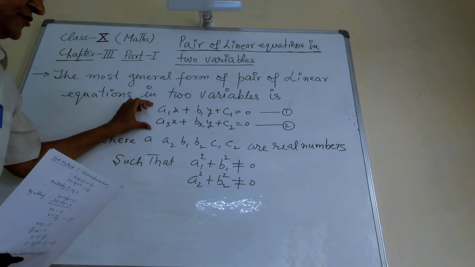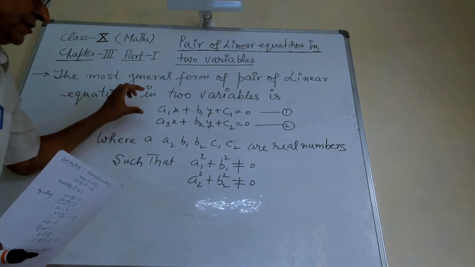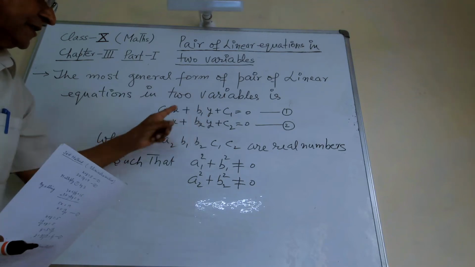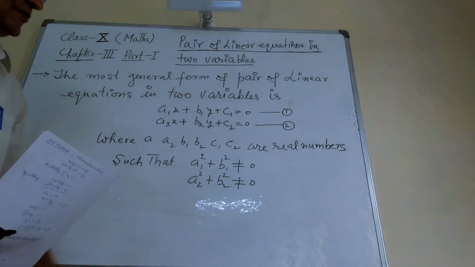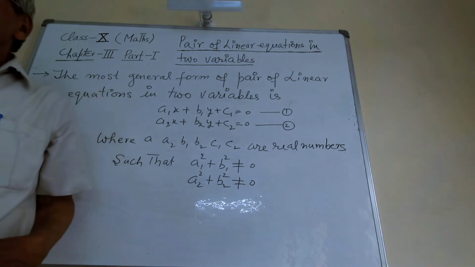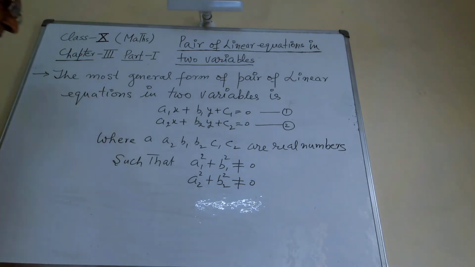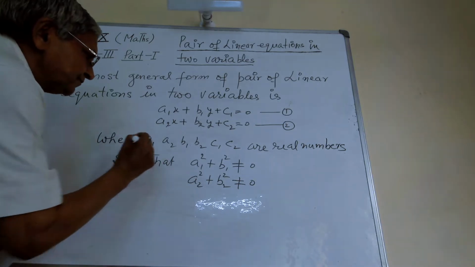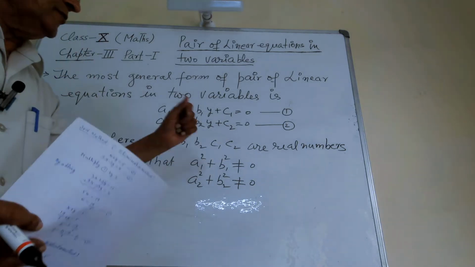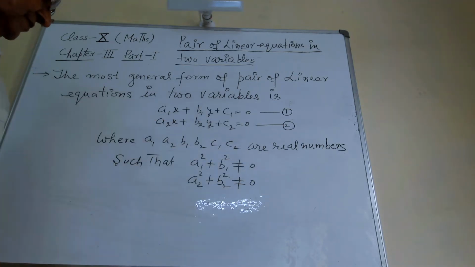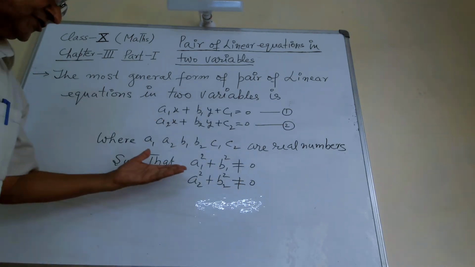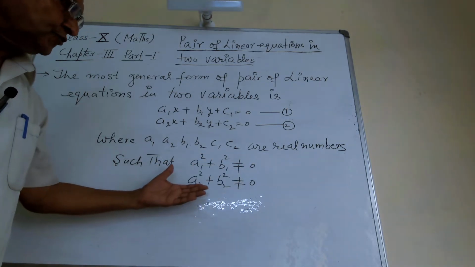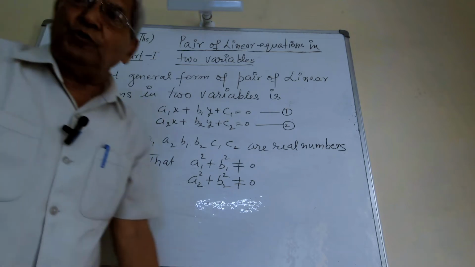These are the two linear equations in two variables, x and y, where a1, a2, b1, b2, c1, c2 are real numbers. The condition is that a1 square plus b1 square is not equal to 0, a2 square plus b2 square is not equal to 0.